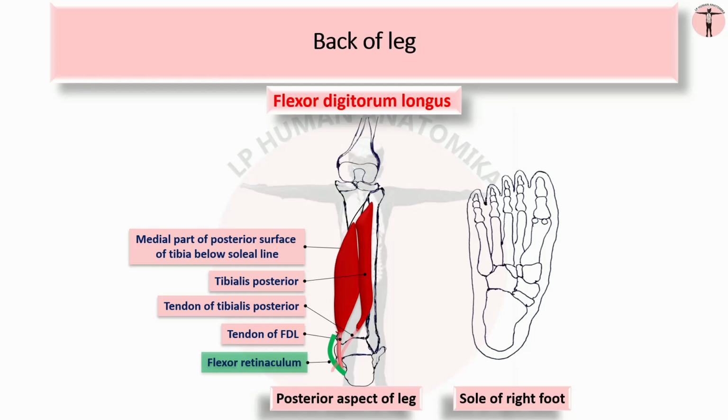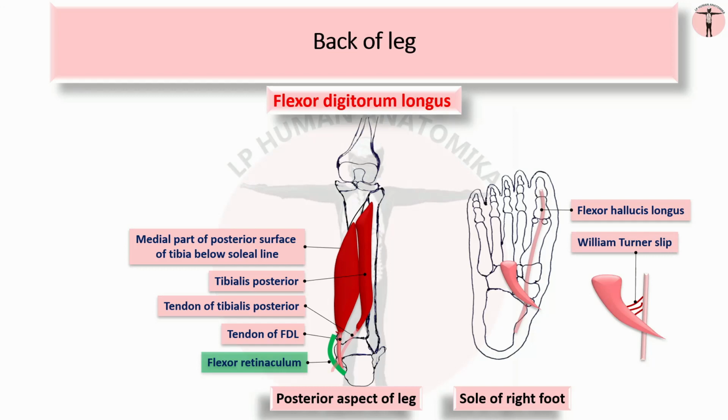In the sole, the tendon turns laterally and crosses the tendon of flexor hallucis longus superficially. While crossing, it receives some fibers from the flexor hallucis longus called William Turner slip. The tendon now splits into 4 digital tendons for lateral 4 toes.